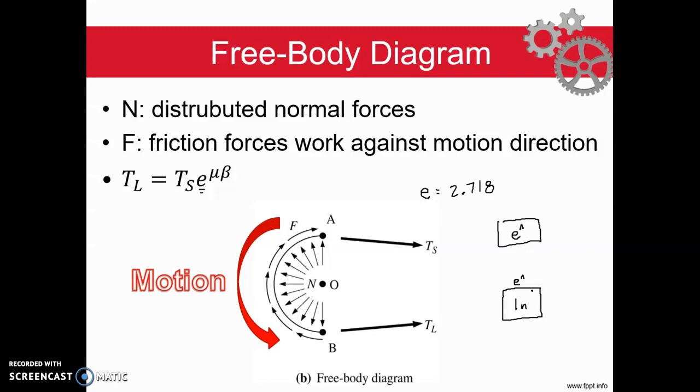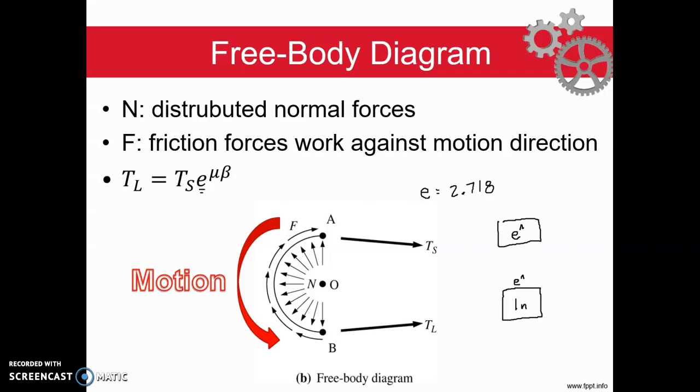That's how we can get rid of one or the other in an algebraic equation by taking its inverse function. So we're taking e to the power of mu being the coefficient of friction between the belt and the drum, and beta being the angle of wrap. So multiply those things together, take e to the power of that product, multiply it by the small tension, and that will give us the large tension.